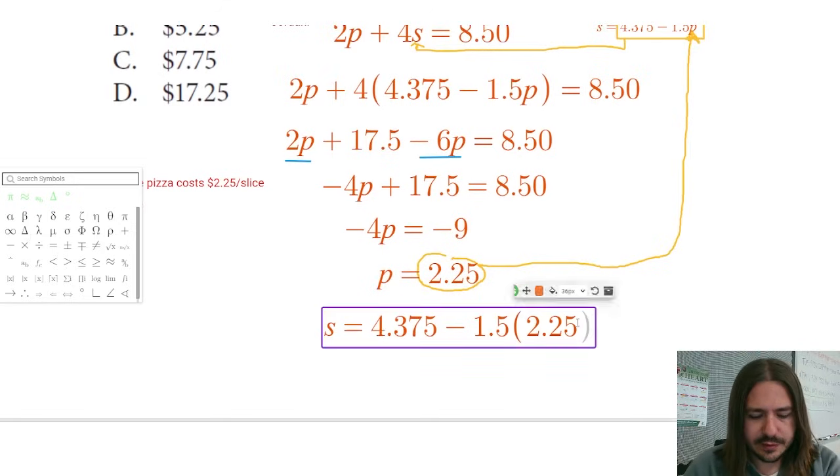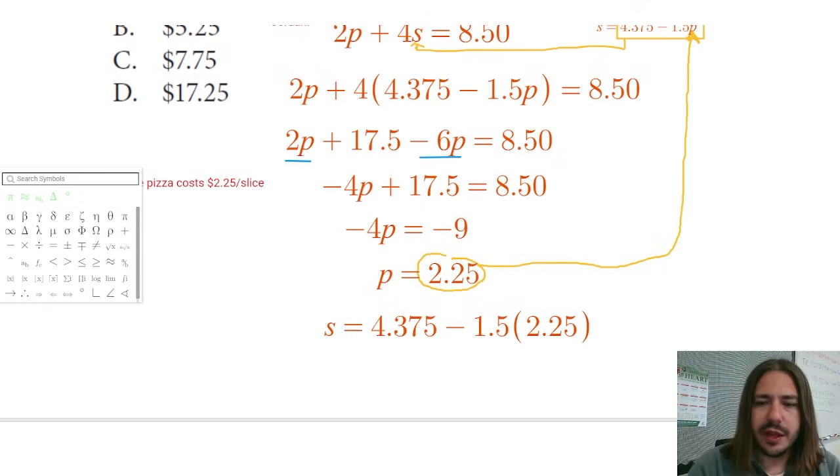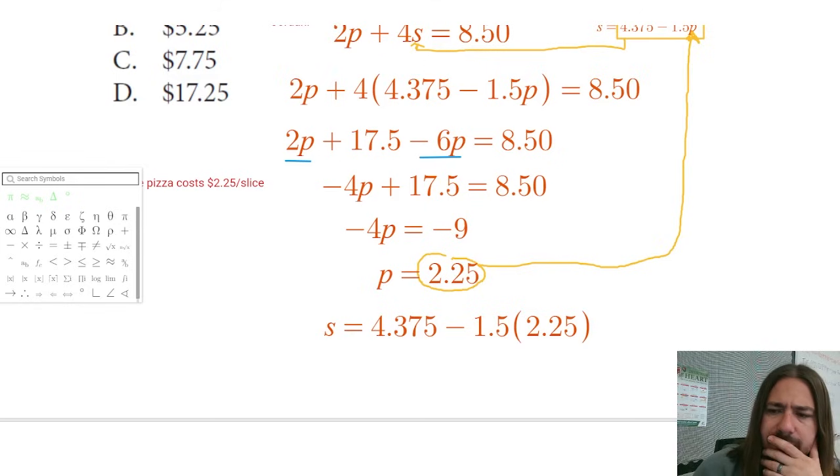All right, we'll just need to put that in the calculator. Let's go ahead and do that. 4.375 minus 1.5 times 2.25. All right, something didn't go right here. Let's see here. 1.5 times 2.25. Okay, that's 3.375.